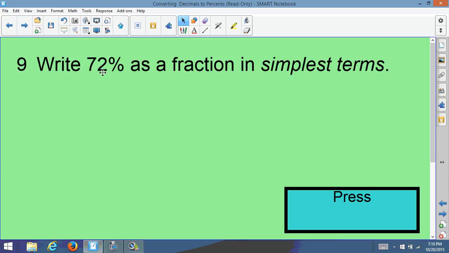So write 72% as a fraction in simplest form. So let's see. Our first step was to take the number, and let's get my pen.